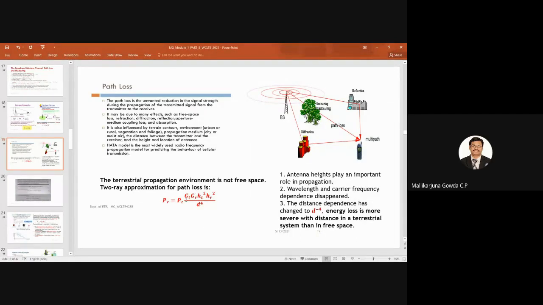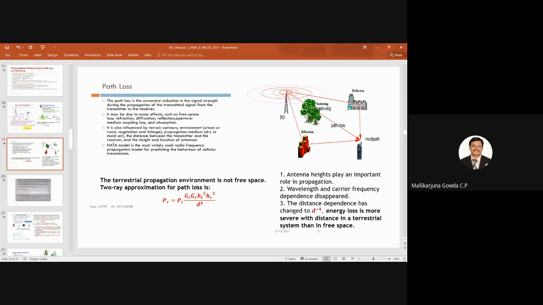So here the received signal power depends on the transmitted signal power, the gain of the transmitting antenna, the gain of the receiving antenna, and the heights of the transmitting and receiving antennas. And it is inversely proportional to D power 4.